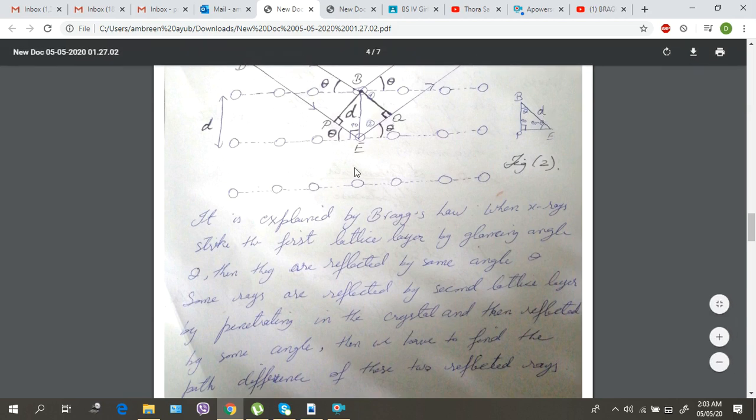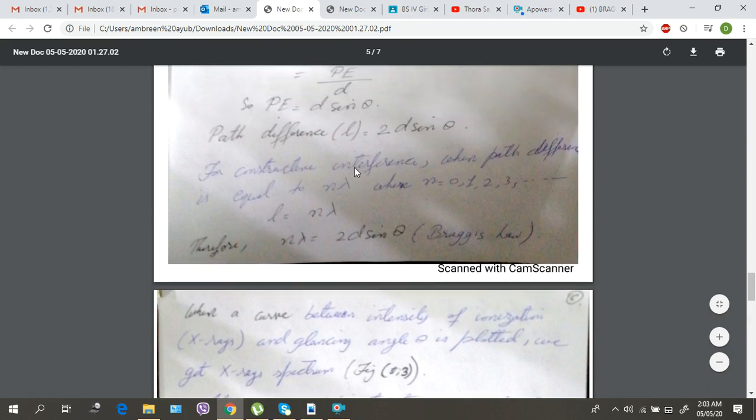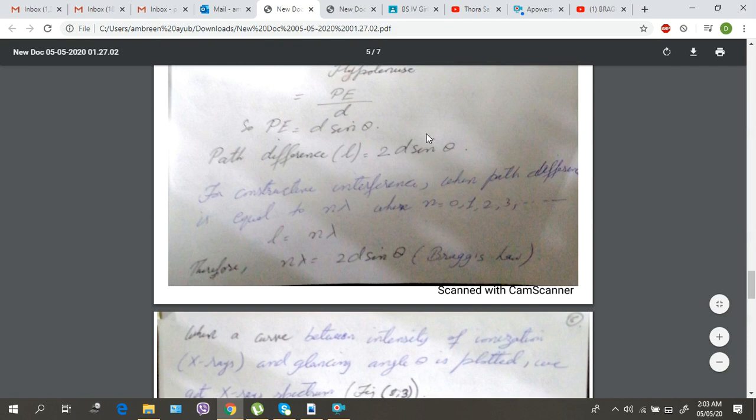Now we know that the path difference, we denote the path difference with L, and from here we write 2D sine theta, because path difference is equal to 2PE. So path difference is equal to 2D sine theta.